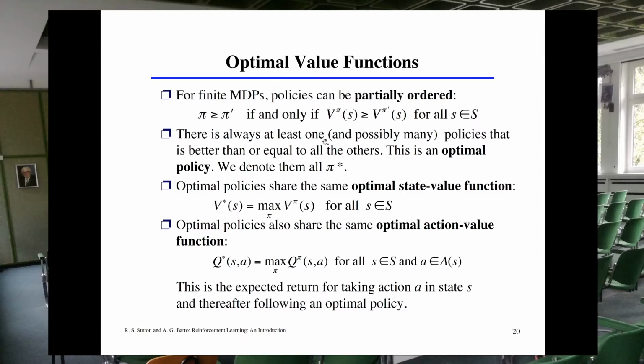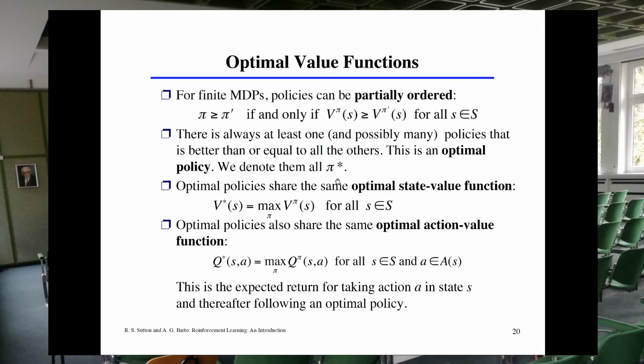There is always at least one, but there could be many policies that are better or equal to all the others. When you find this policy, you have found the optimal policy. We denote them all by pi star. Optimal policies share the same optimal state value function.